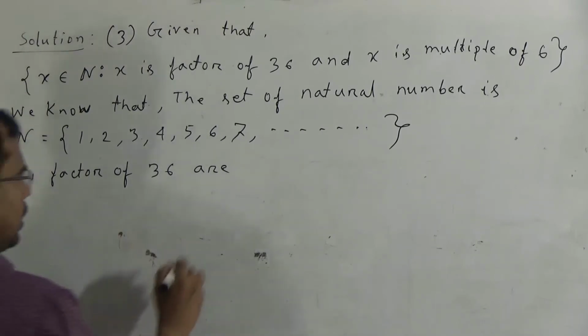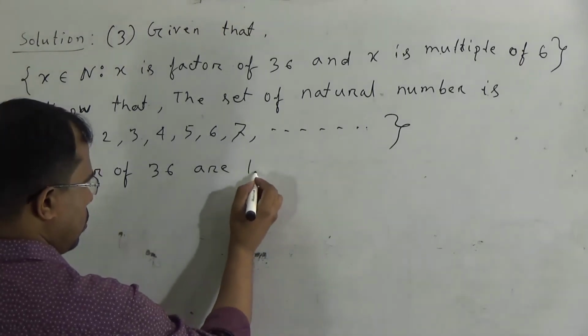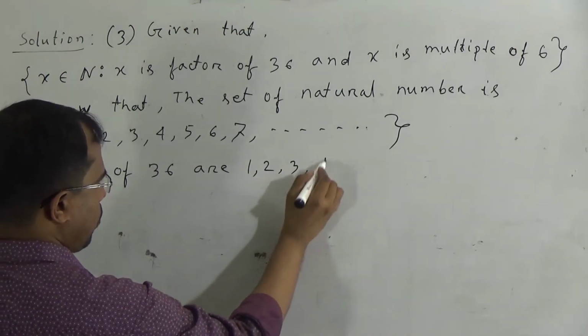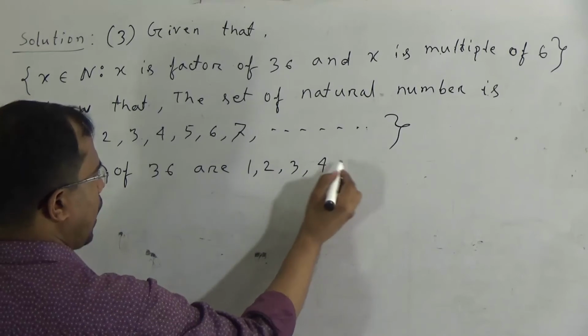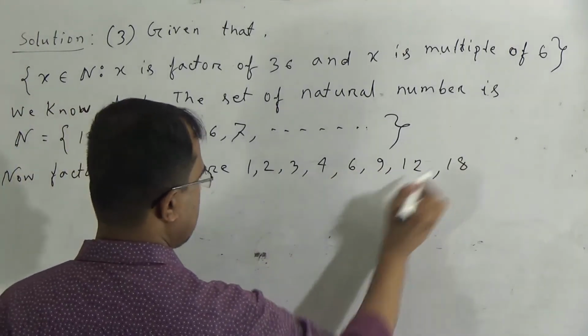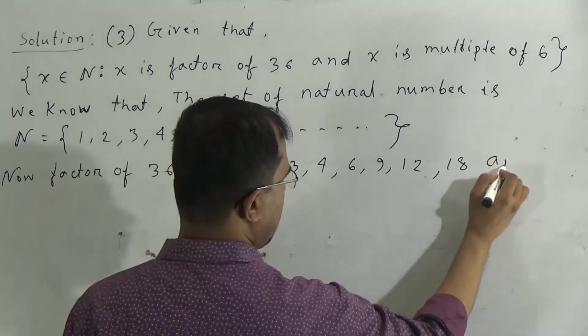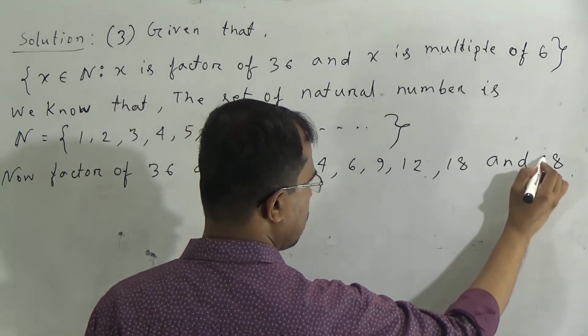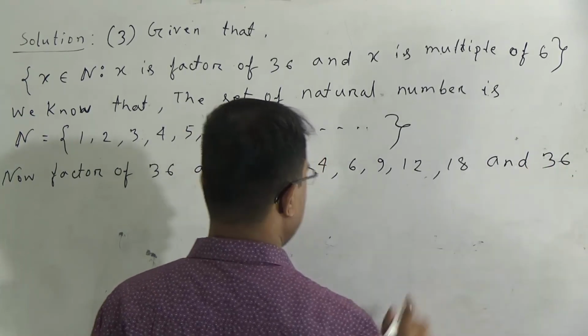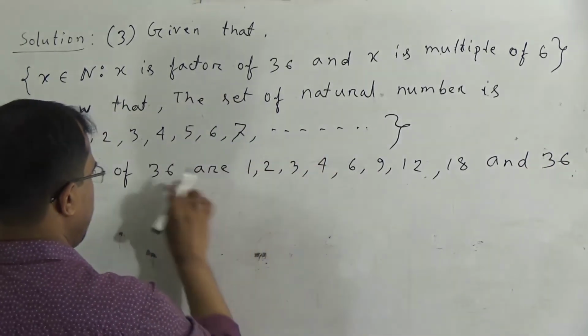If we divide 36 by 1, then the remainder will be 0. So 1 is a factor. Similarly 2 is a factor, 3 is a factor of 36, 4 also is a factor of 36, and 6, 9, 12, 18 and 36 itself. These numbers are the factors of 36.